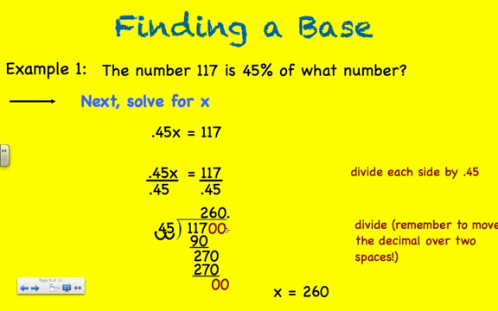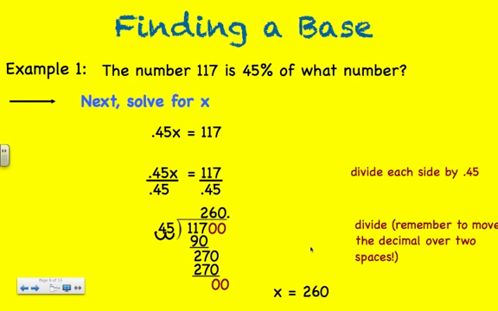So I add 2 zeros to the 117 to get 11,700. I divide, and we find that x equals 260. So the number 117 is 45% of 260.